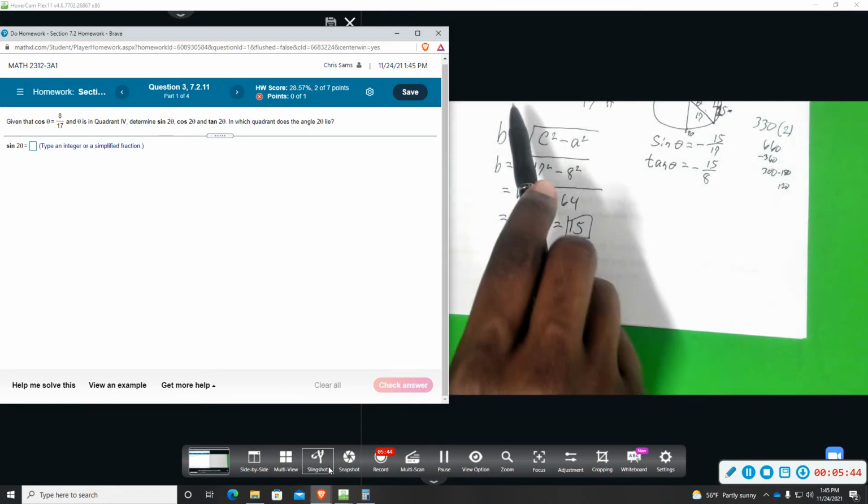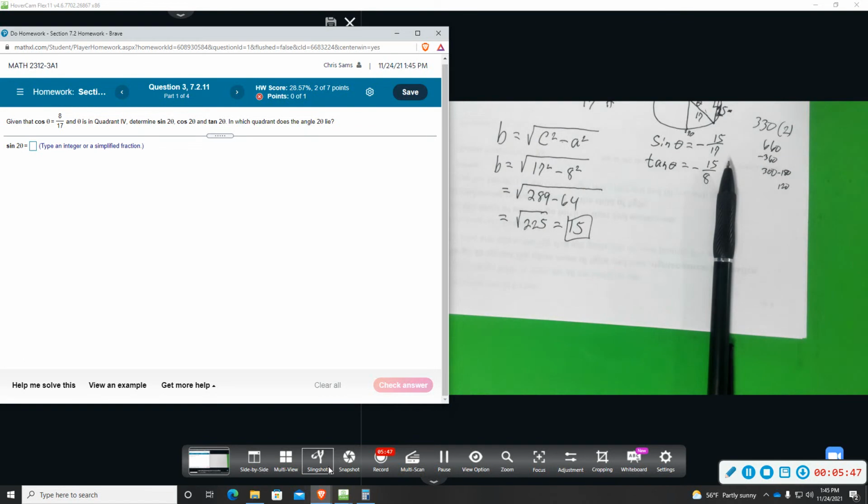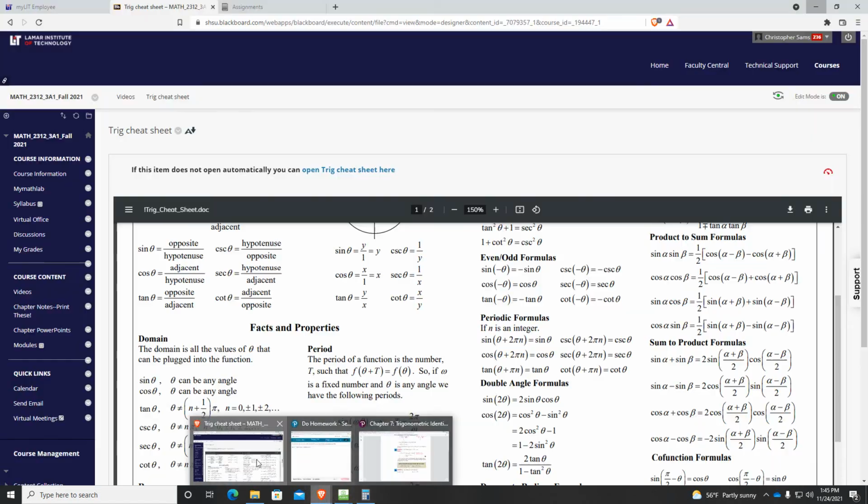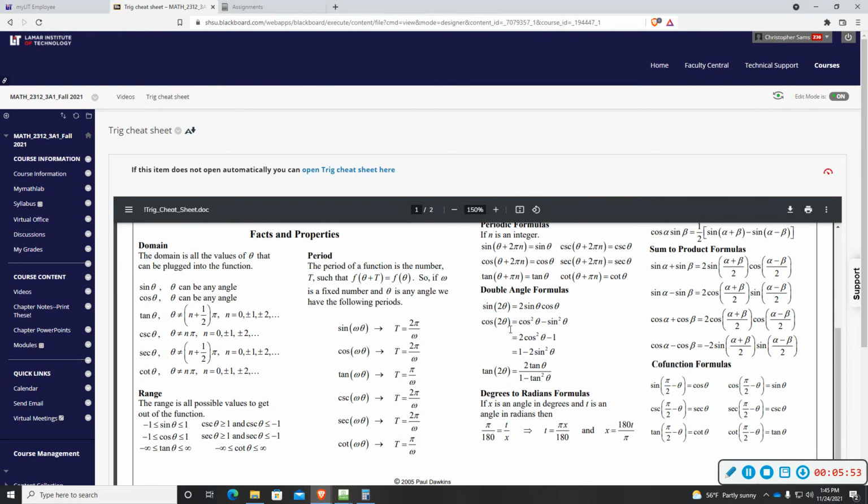But we got the 3 trig functions, but we got to use a double angle identity to find those exact values. So we're looking at these. We want to find sine 2 theta, cosine 2 theta, and then tangent 2 theta.